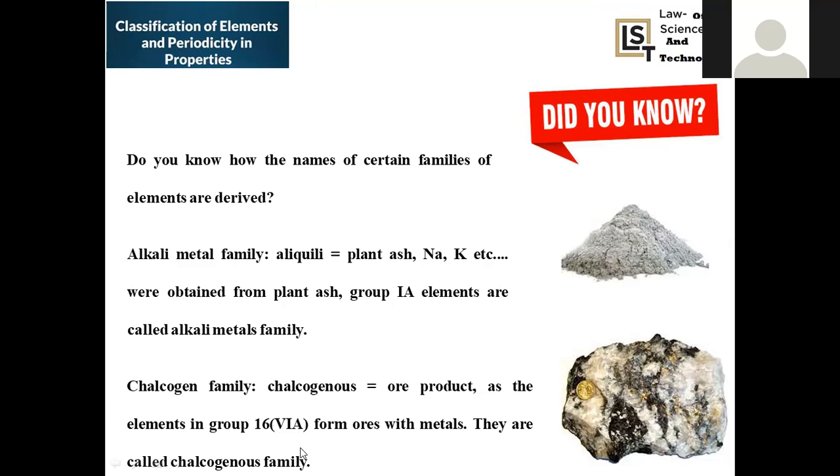Iron oxides are called ferrite material, magnetite material. If iron is present in the form of sulfide, that is called iron pyrites. All these materials are members of the chalcogen family only. So chalcogen means what? Ore producing material. Most of the ores are present in the form of oxides and sulfides, right?